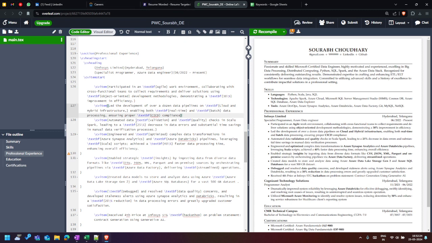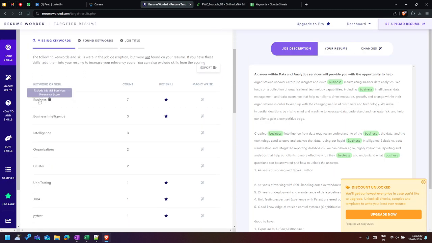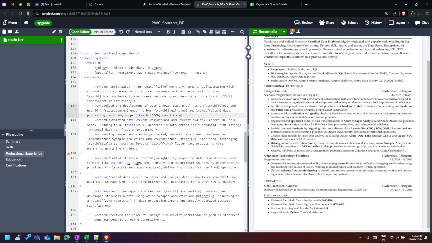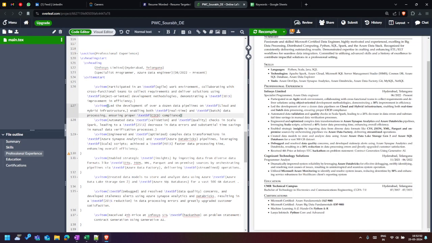Now, since we have all of this ready, I didn't target it yet, but I'll walk you through how to basically do it. Let me come to the first keyword which was missing in my resume. That is supposed to be business. Now, just have a go through your resume first and think of what all situations you can insert it. Just simply hide this business keyword along with everything else.